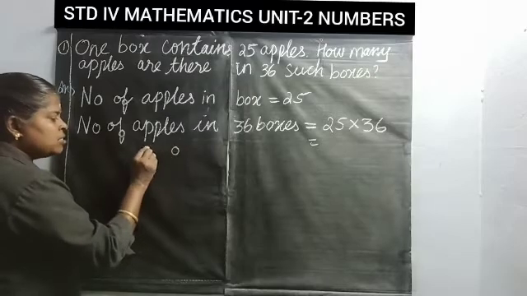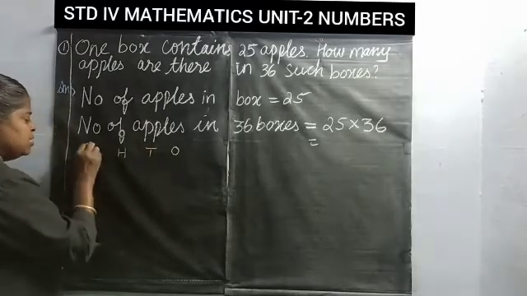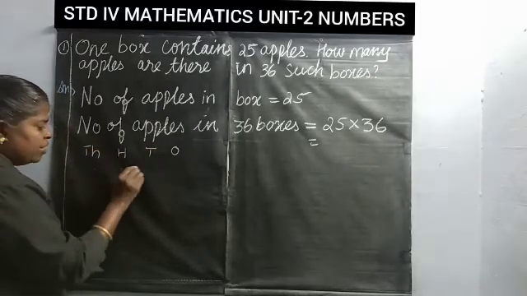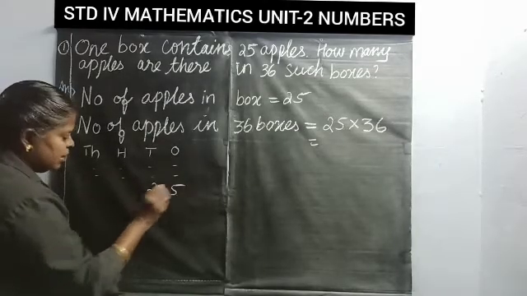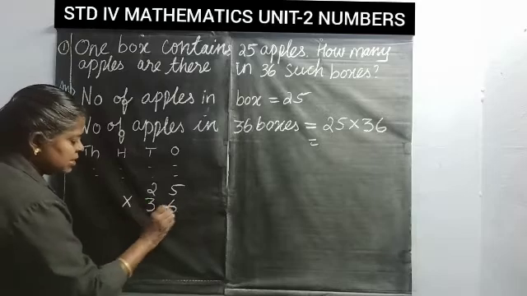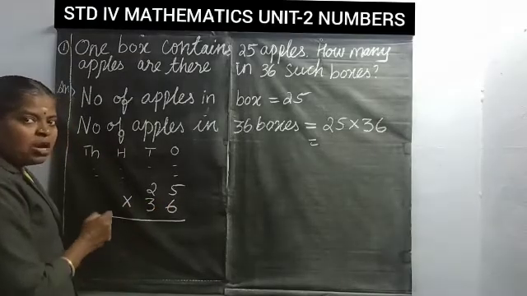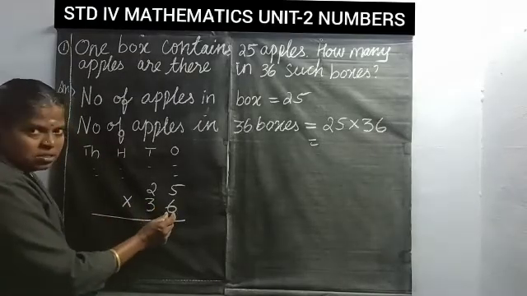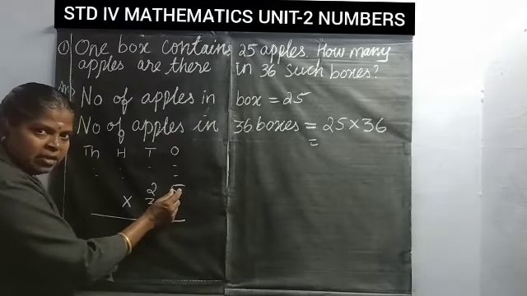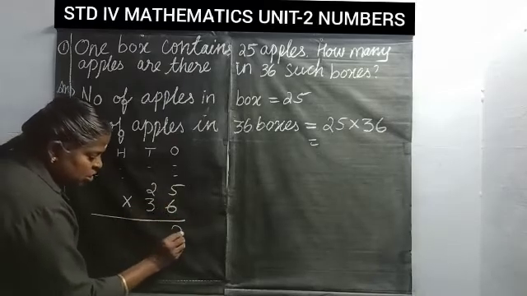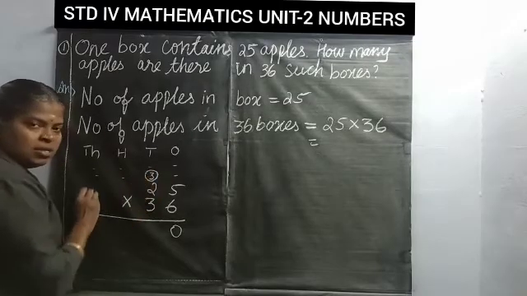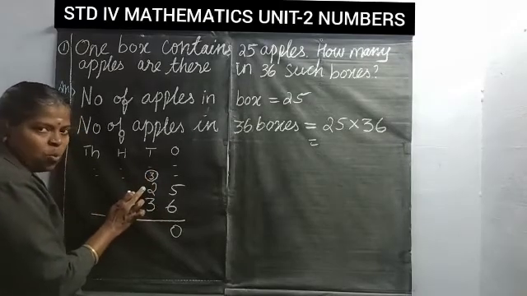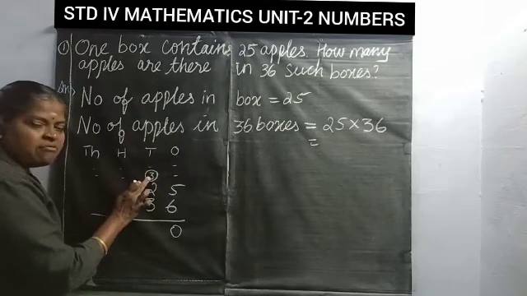So ones, tens, hundreds, thousands. Leave 2 fingers gap. 25 into 36. First what we have to do? We have to multiply the ones. 6 5s are 30. 0, carry over 3. 6 2s are 12. 12 plus 3, 15.